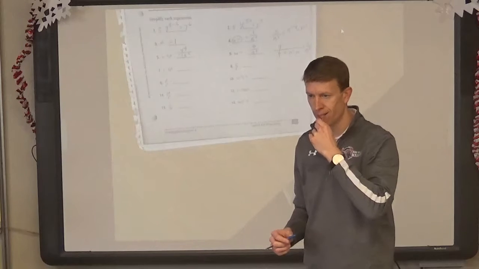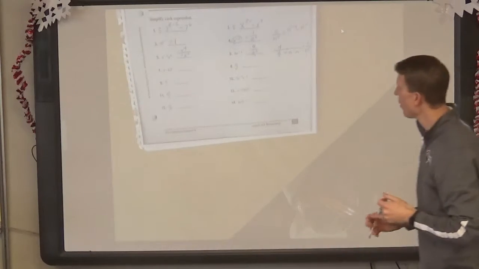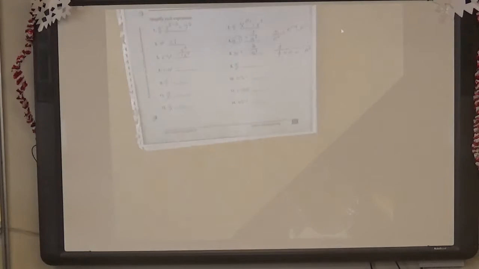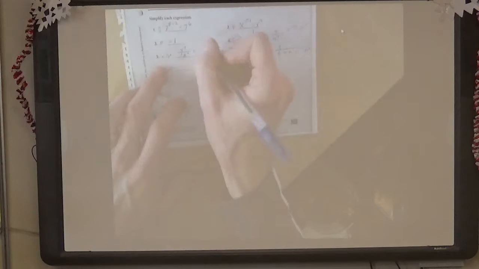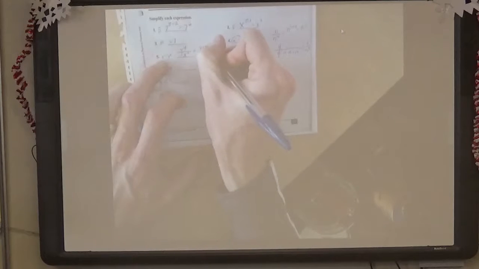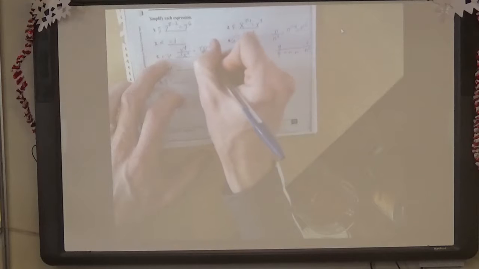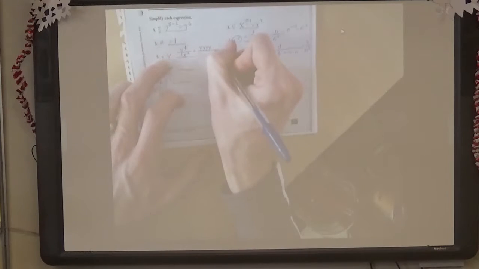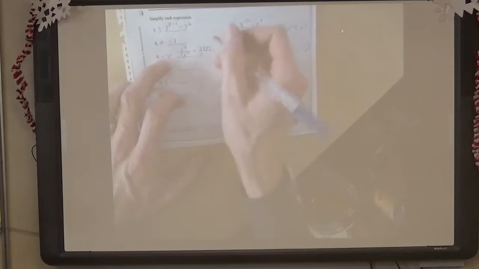That makes no sense to me. When we write this out in expanded form, we would have y times y times y times y over x.